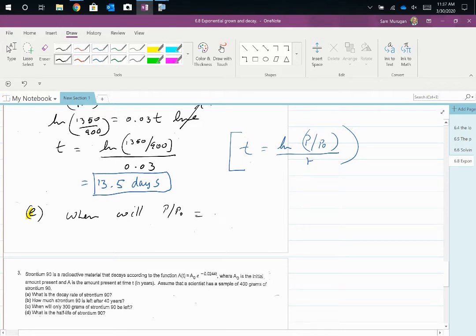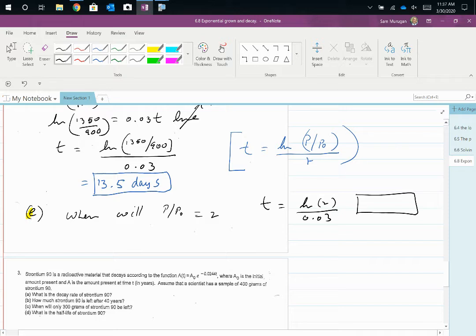So when would P over P0 equal 2? And we have a formula for time now. Time is equal to ln 2 over 0.03. Take this to one decimal place.